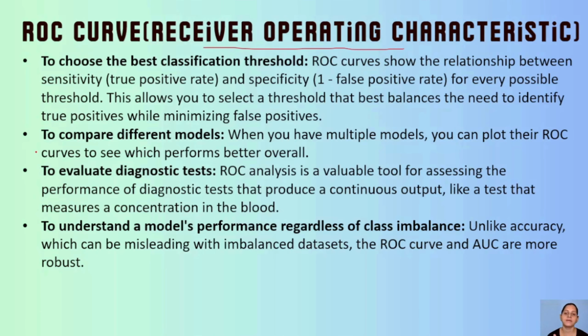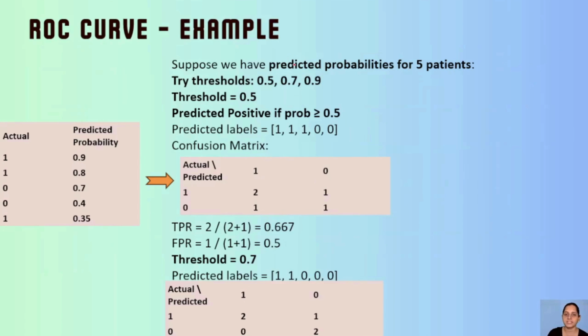Then to understand the performance of the model regardless of your class imbalance and all, this is again very helpful, because accuracy is not going to give you that particular thing, because accuracy is biased most of the times for imbalanced classes. So here I have taken one example, just the way I have told you that we can take different thresholds.